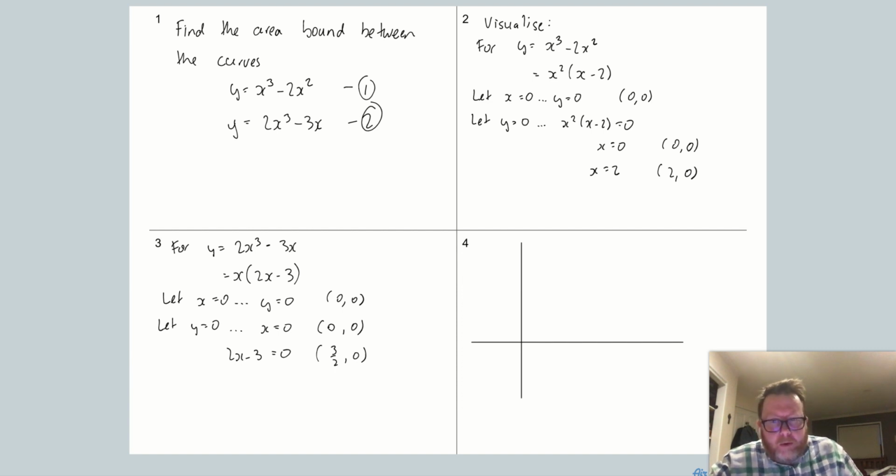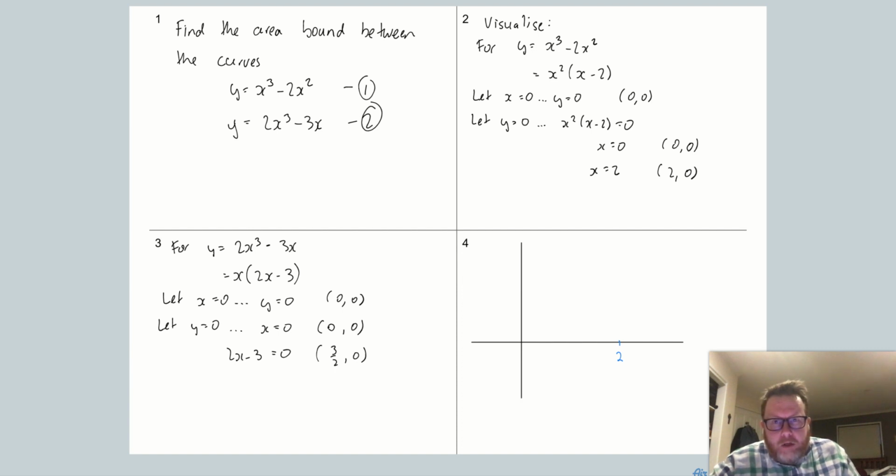So let's just draw in blue, maybe. What have we got? We've got a 0 here at 2, and we've kind of got a bounce at 0, and then it cutting through at 2. Now it's a cubic.